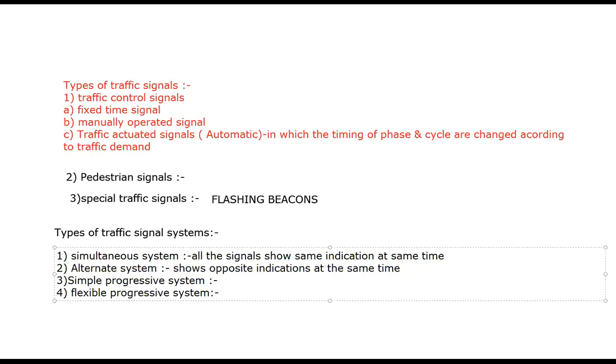So these are the 4 types of the traffic signal systems. Got it?